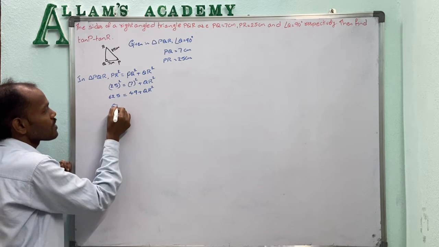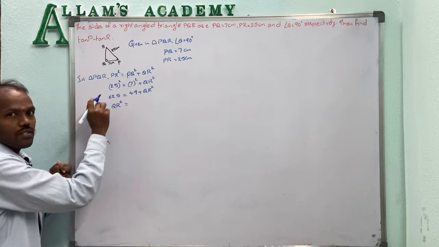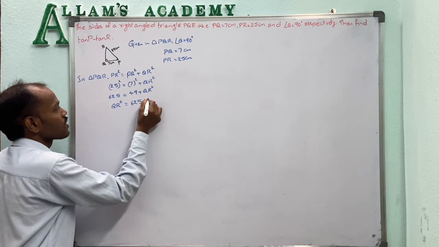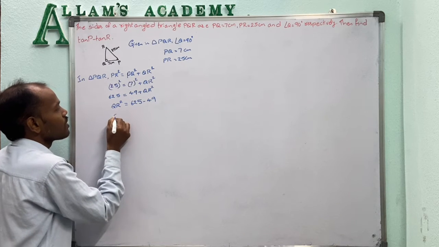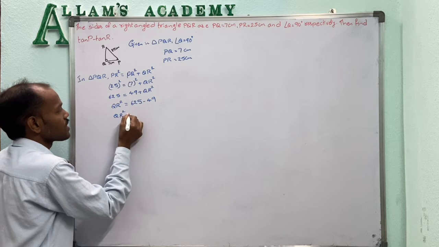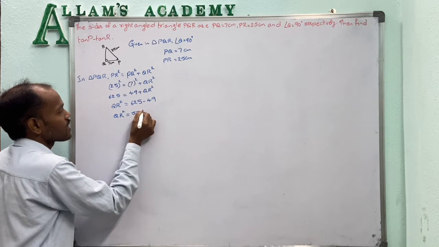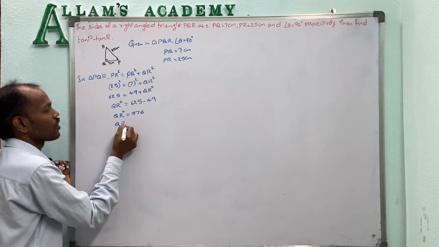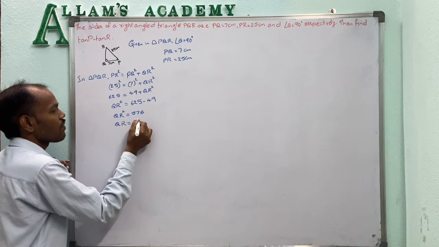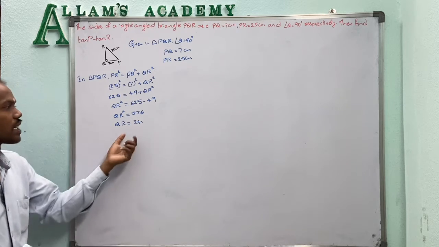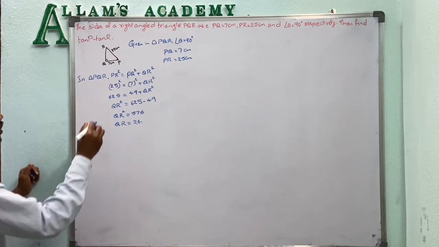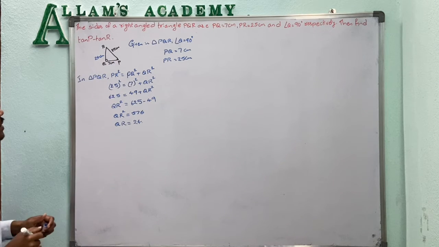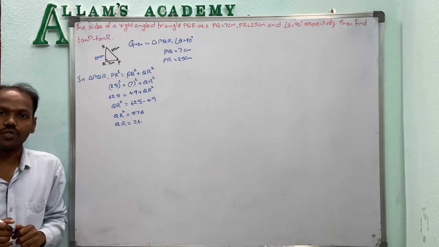So QR square equals 625 minus 49, transferring 49 to this side. So QR square equal to 576. So QR equals square root of 576 equals 24. So the height of the right triangle PQR, QR, equals 24 centimeters.